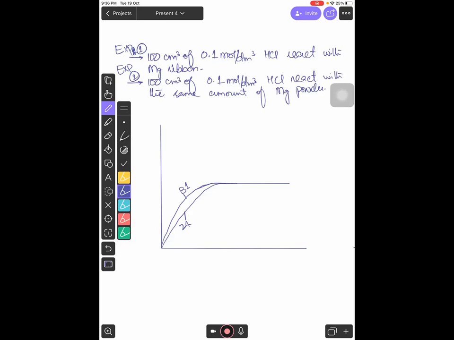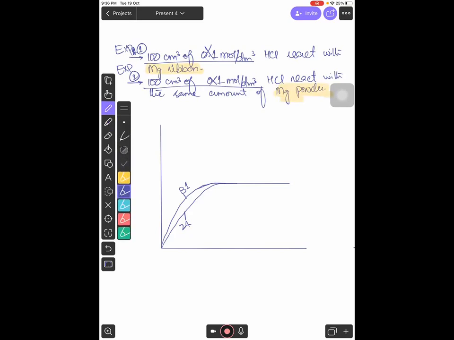Okay, very good, but I think you both are wrong. The reason is you can see over here the amount of HCl is same, right? So there is no effect of HCl over here. The only thing that can differ over here is magnesium ribbon and magnesium powder, right?